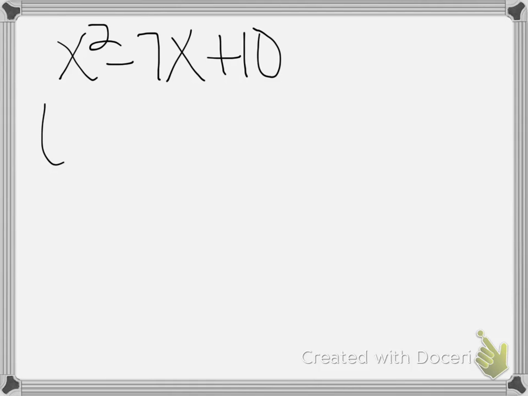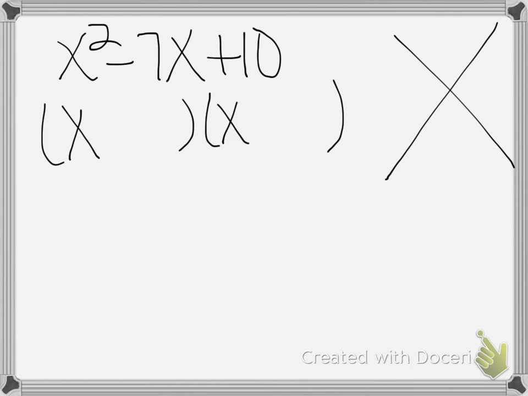Alright, next problem we're going to do is x squared minus 7x plus 10. You know it's a basic quadratic, so we can go right to our binomials. And if you want to draw this little chart, you can. So you want things that multiply to 10 and add to a -7.